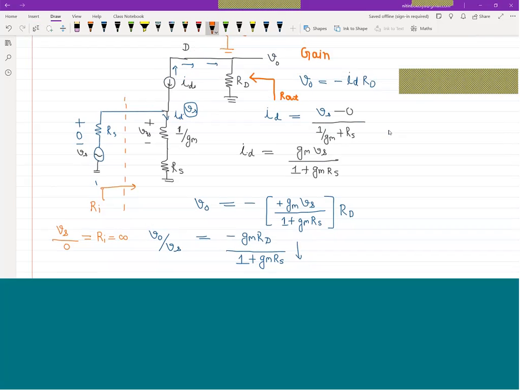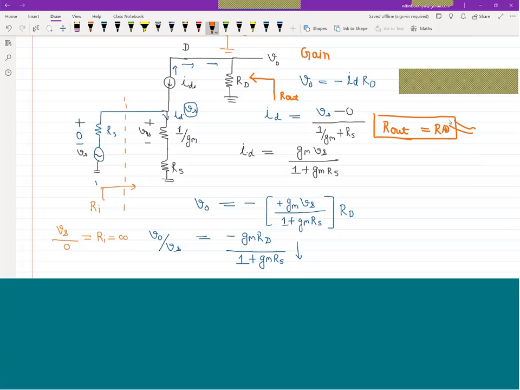So Rout is equivalent to Rd. So these are a lot of parameters. Output resistance is good, input resistance is very good, good for voltage amplification, but current gain is less. So this is our analysis for common source with source resistance. This is the way to analyze the circuit.